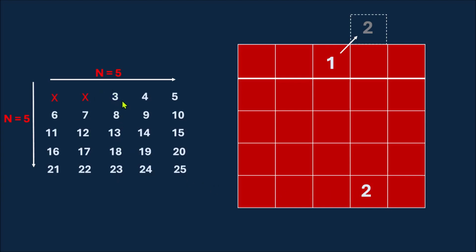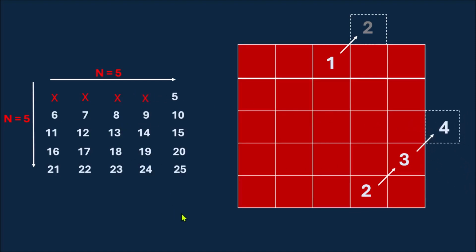Now let's consider 3. Based on our rule, 3 modulo 5 is larger than 1. So this is the last number, so 3 should come to the top right corner. This is the final position of 3. Now let's consider 4.